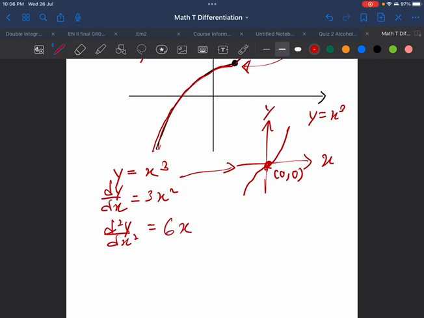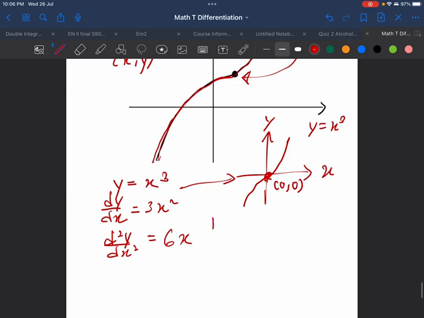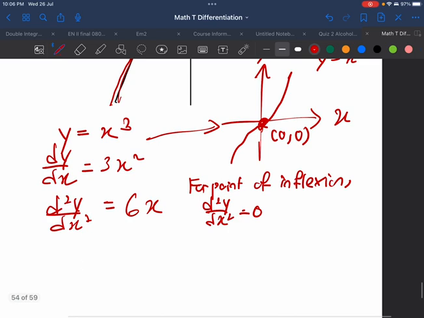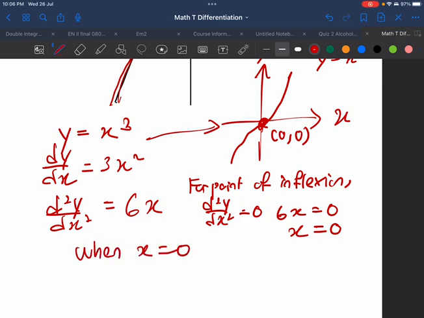So in order to find the point of inflection, we know that d squared y dx squared will equal 0, right? So now 6x equals 0, so x equals 0. So when x equals 0, y equals x cubed, 0 cubed, and we get 0. So the point is 0, 0.